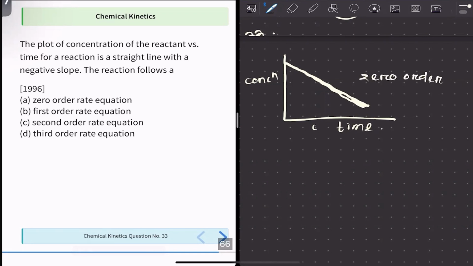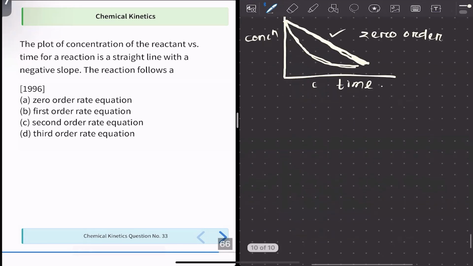For first order, it will decrease exponentially. So you have to remember the graphs. At last, if time permits, I will draw all the types of graphs so that you can remember easily. So for this question, the answer will be zero order.